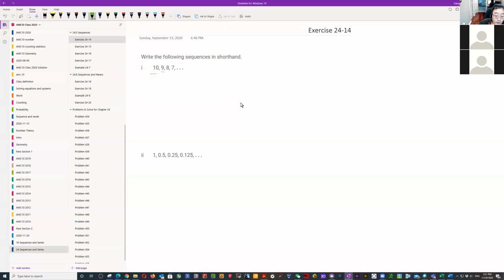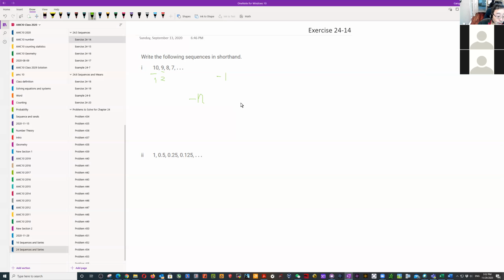We see that this is n equal to 1, this is n equal to 2, and the increment, the common difference, is negative 1. So basically, negative 1 times n has to be in this formula. Then all we need to determine is the initial shift, and then we will finish this form.